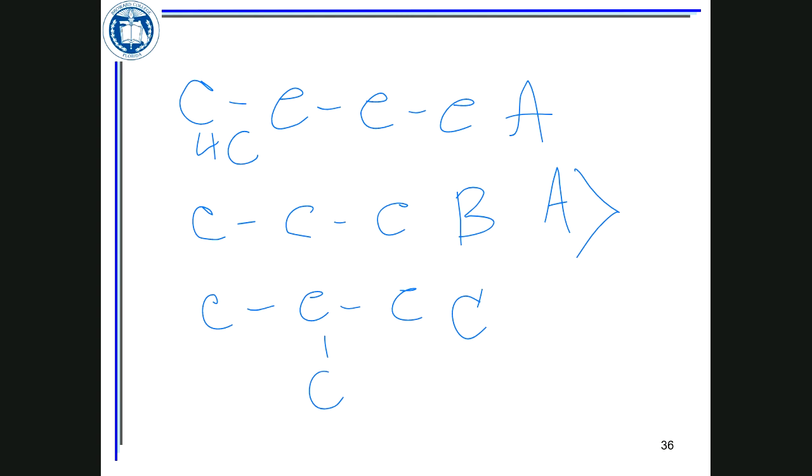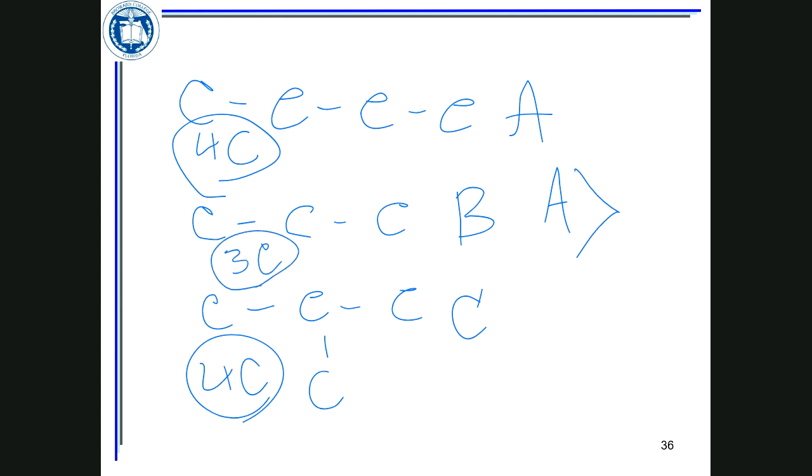This one is non-polar with 4 carbon. This one is non-polar with 3 carbon. So first we have to compare these two. Between A and C, same number of carbon, same intermolecular forces. A doesn't have a branch, so it's going to have a higher boiling point compared to C, as C has a branch.